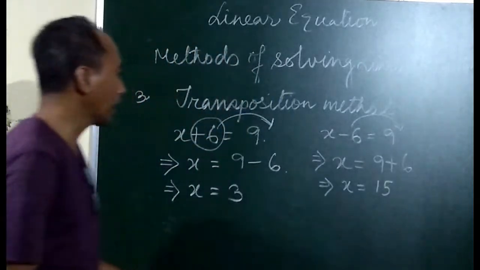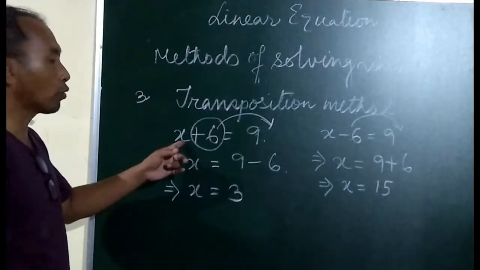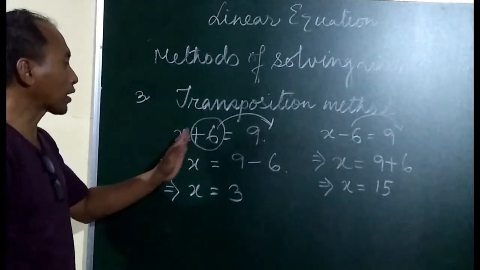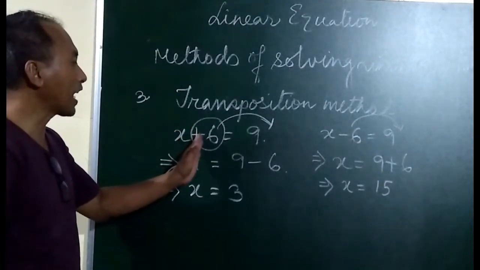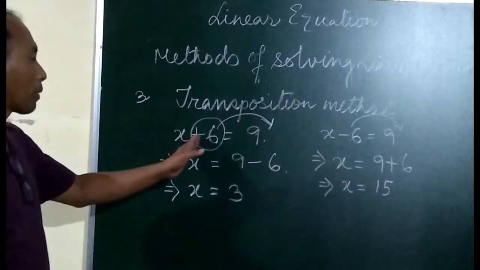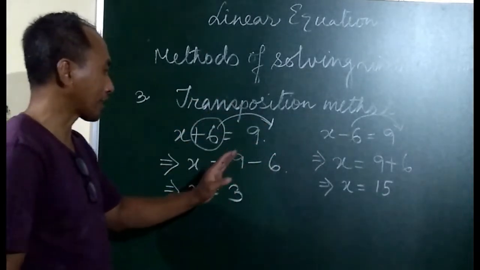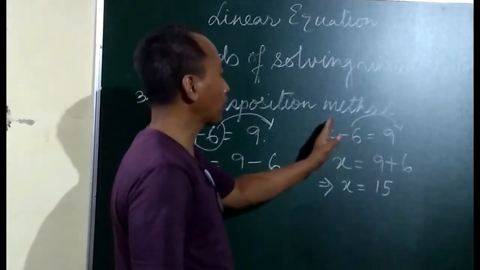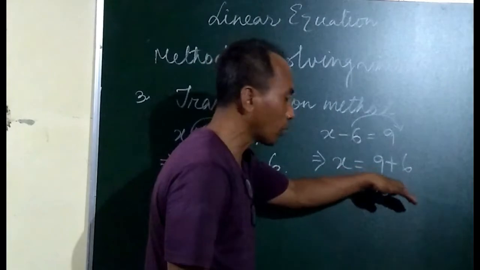I repeat again: here I have taken one example, x plus 6 equals 9. In the transposition method, if you take a plus sign to the other side of the equation, the plus sign will change into minus. And if it is a minus sign and you take it to the other side, it will change into plus sign.